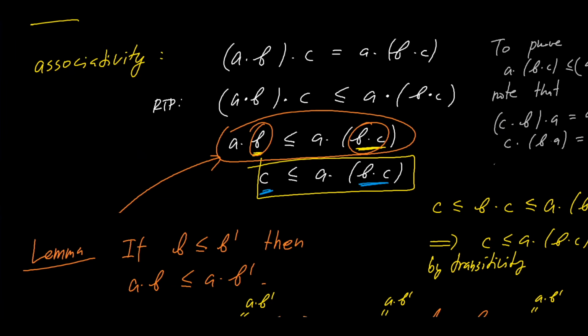I will get that this inequality we wanted to prove reduces to, so I'm just going to replace this with that, C dot B dot A being less or equal to C dot B dot A. And it's exactly the same rule, right? This is exactly the same rule as this.